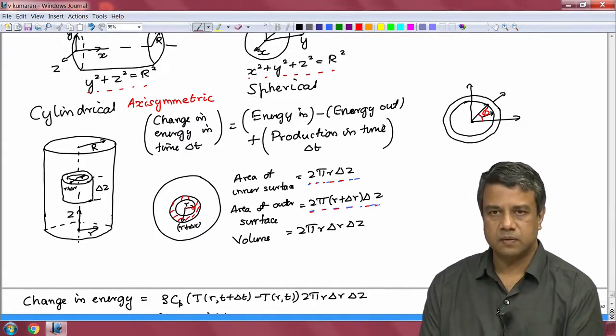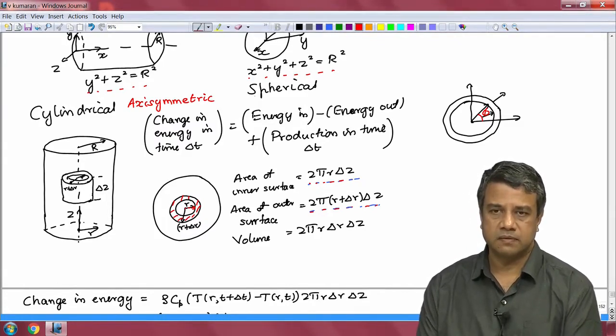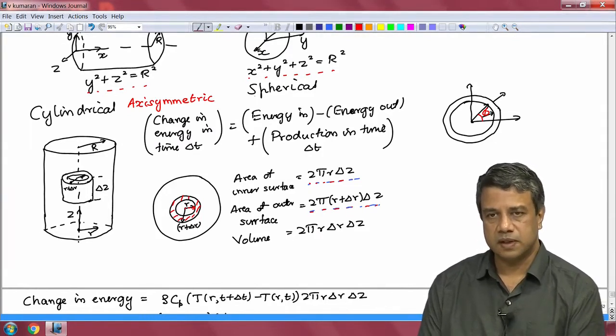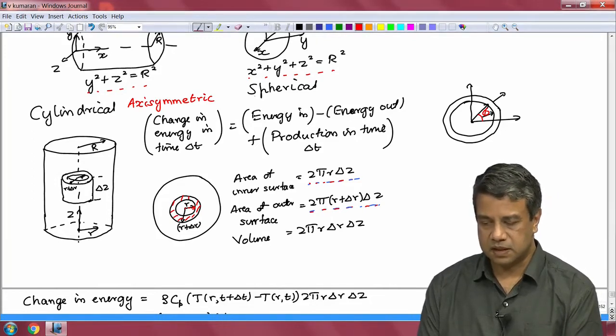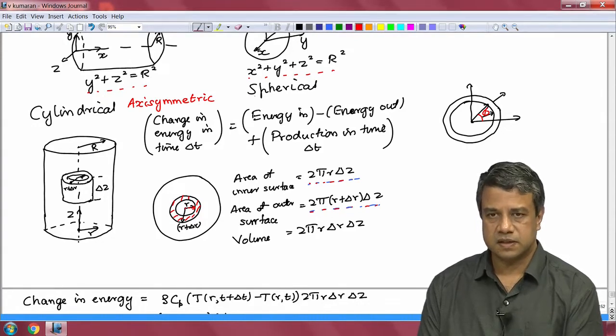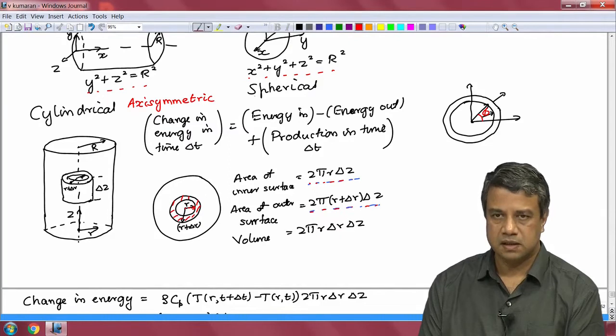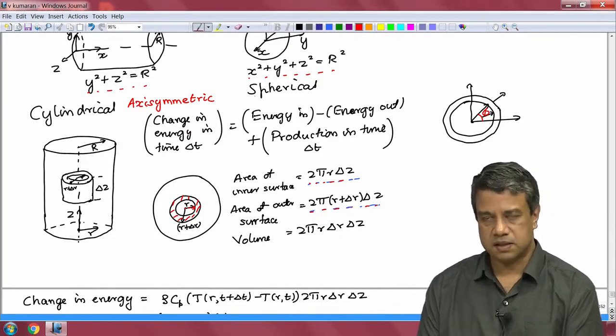The differential volume for which we do the balance has to be a volume that is bounded by two surfaces of constant coordinate, in this case, r plus delta r and r. So it is an annular volume, inner radius r, outer radius r plus delta r, and height delta z.